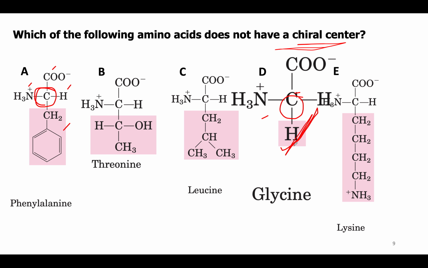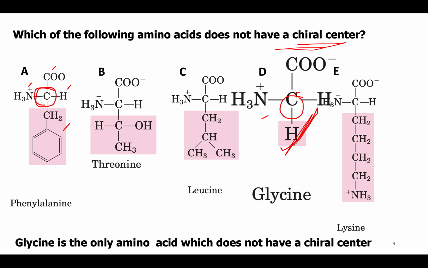Let us now summarize what I just said. Glycine is the only amino acid of the 20 amino acids that we study in this specific course that does not have a chiral center.